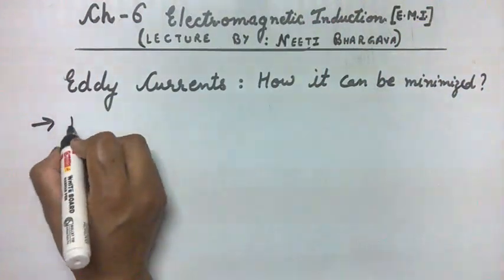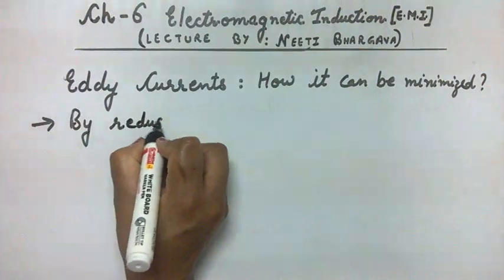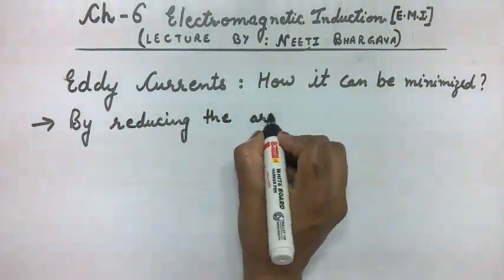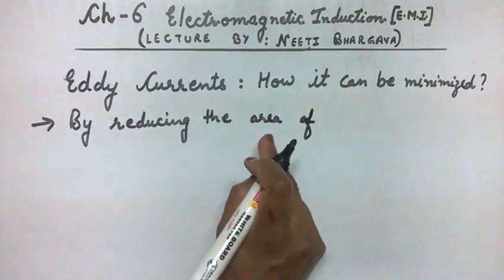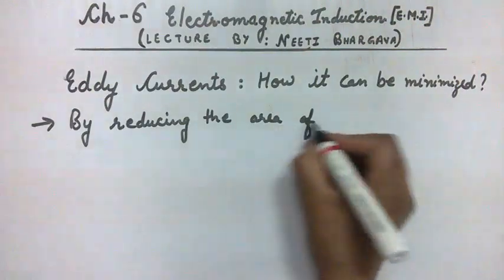Firstly, it can be minimized by reducing the area of a conducting plate, because if more will be the area, then more eddy currents will produce.